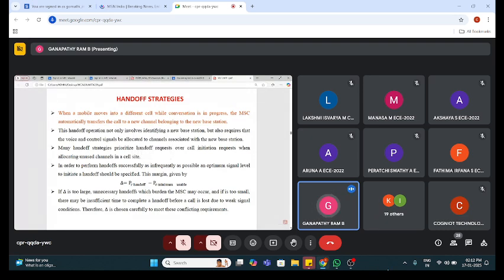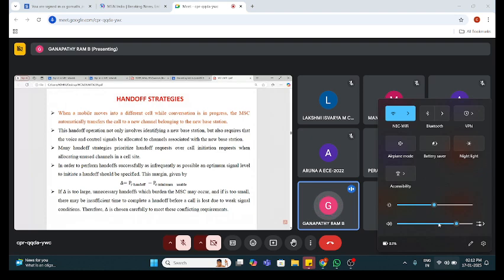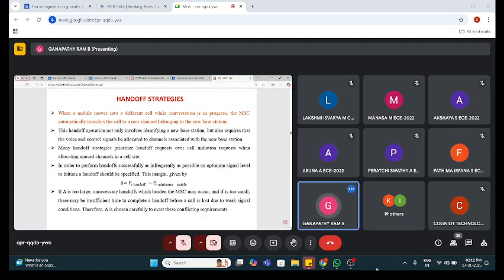This power drop is due to the mobility of the mobile equipment at a particular speed. We already know that the power is inversely proportional to the square of the distance.